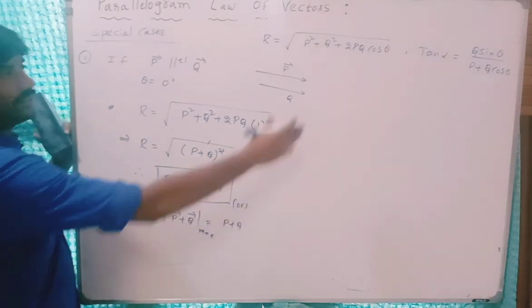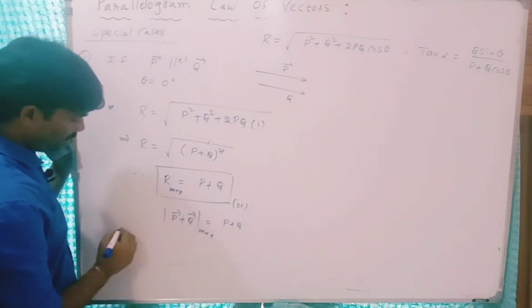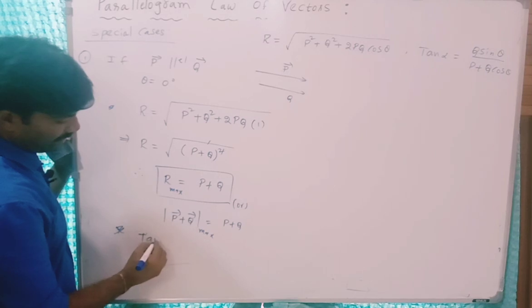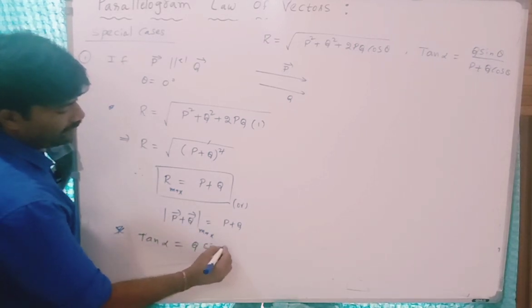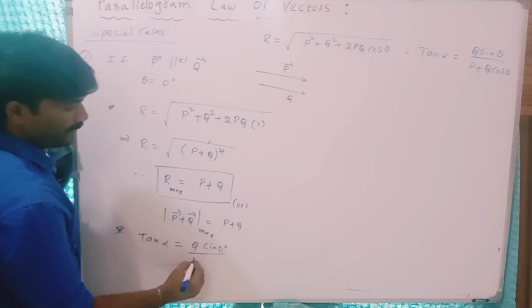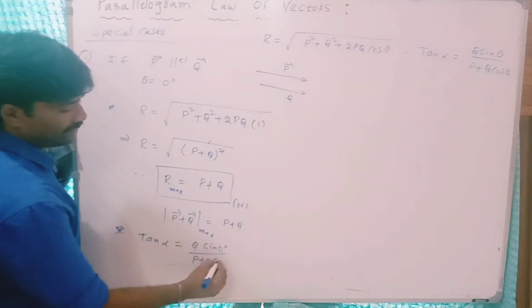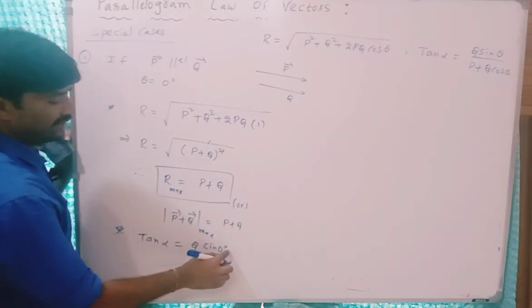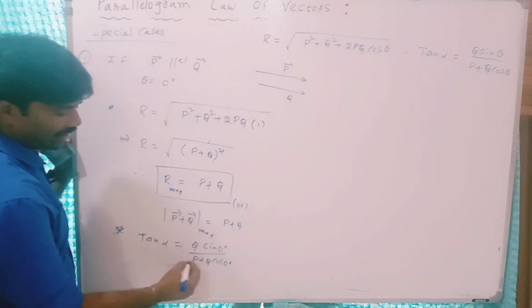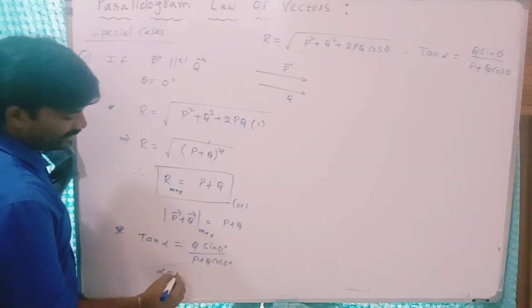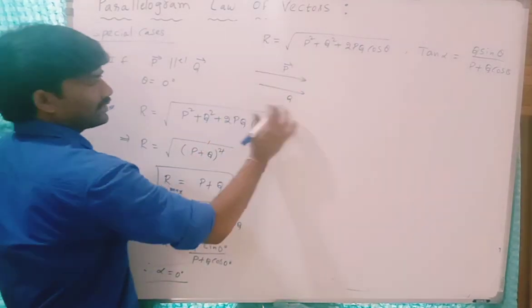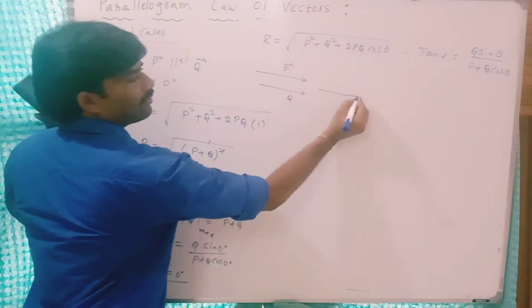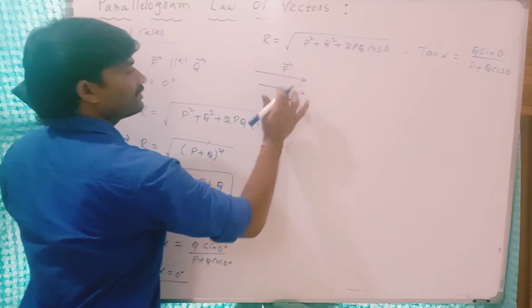Now direction, from that you can see tan alpha equals q sin 0 by p plus q cos 0. Sin 0 is 0, the numerator is 0, tan alpha equals 0, so alpha is 0. It means the resultant of two parallel vectors is also in the same direction as these two vectors.